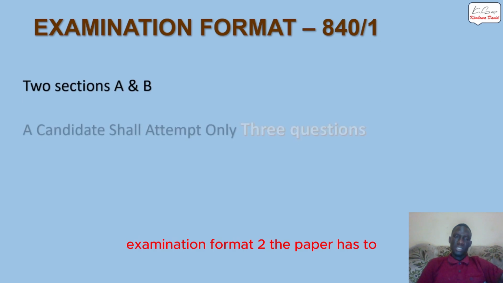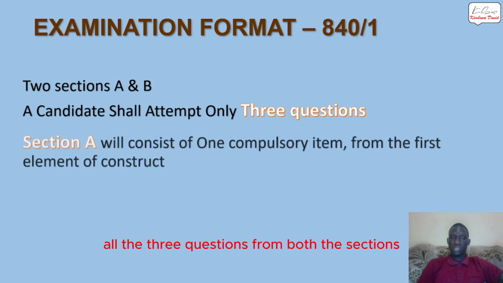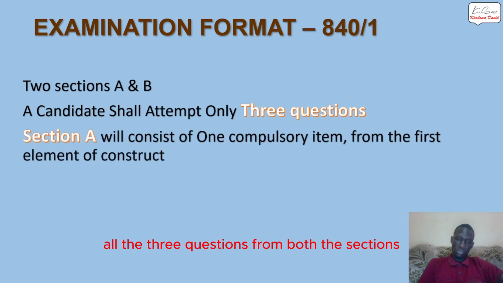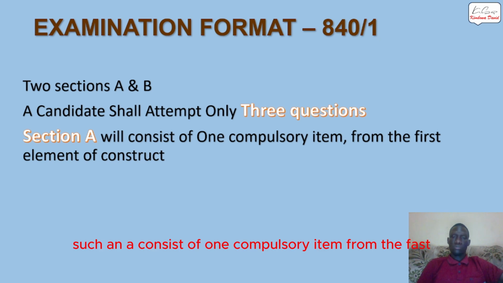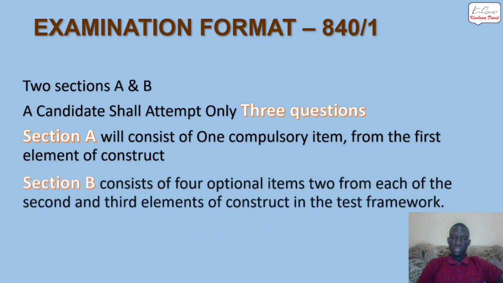Examination format. The paper has 2 sections, A and B. A candidate shall attempt only 3 questions from both the sections. Section A will consist of 1 compulsory item from the first element of construct.